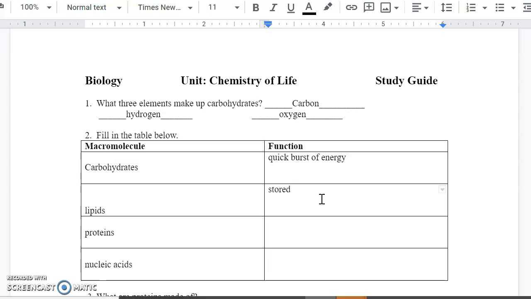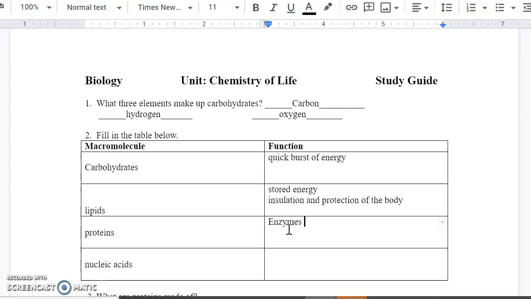Lipids are stored energy. Fats and oils and waxes, and energy is stored there, stored up energy. And also important for insulation and protection in the body. Then we have proteins. The main function of proteins that we talked about was enzymes. Enzymes are proteins, for the most part.